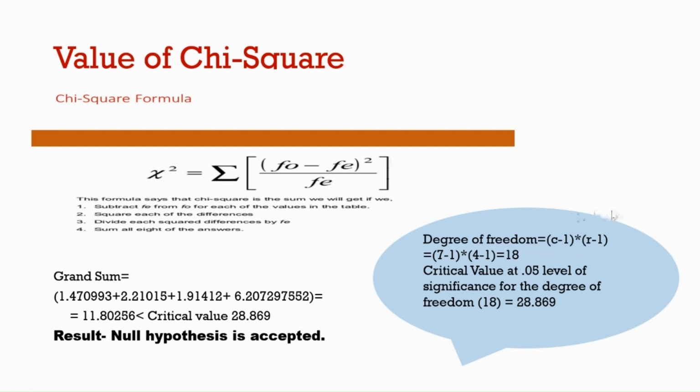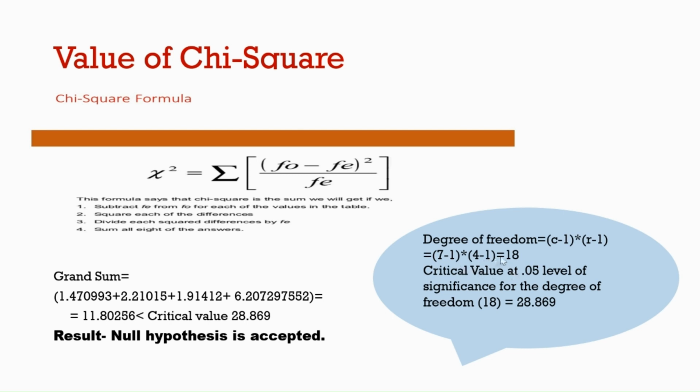So here we write (c minus 1) multiplied by (r minus 1), and since there are 7 categories, we subtract 1 from 7, 7 minus 1, and 4 courses are there, so we subtract 1, 4 minus 1, and multiplying it we get 18, that is 6 multiplied by 3, and we get 18. So the degree of freedom in this case is 18.